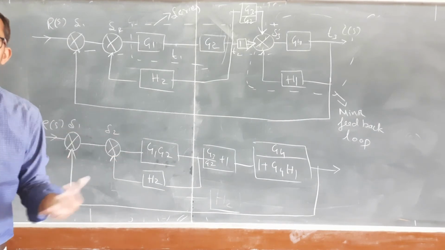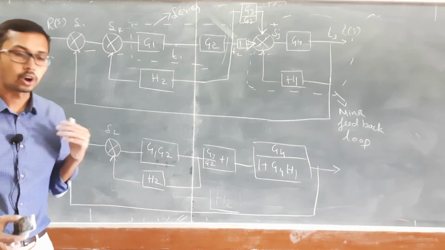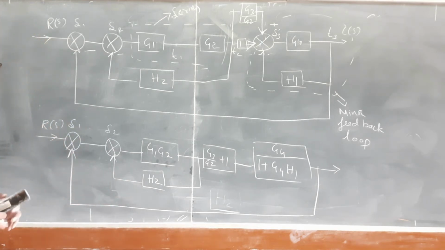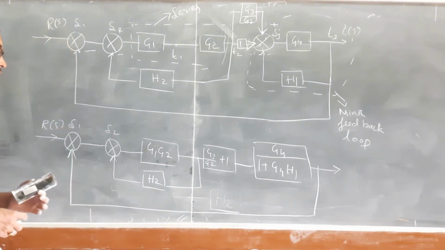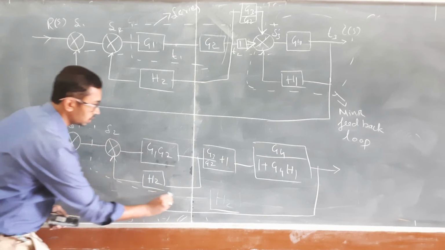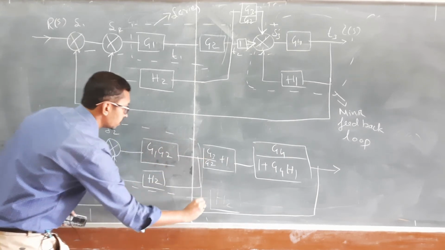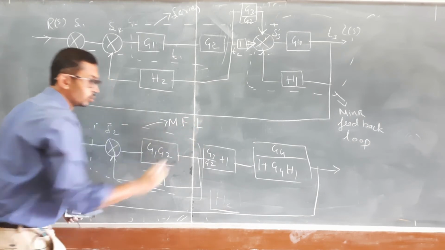Okay. So what is the next step? I hope everyone is following. Can anyone please tell me what is the next step we have to do? Yeah, so another one. This one is a minor feedback loop, right?